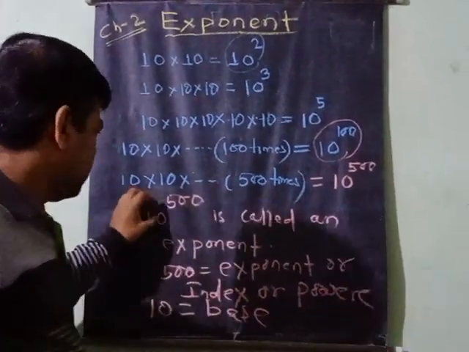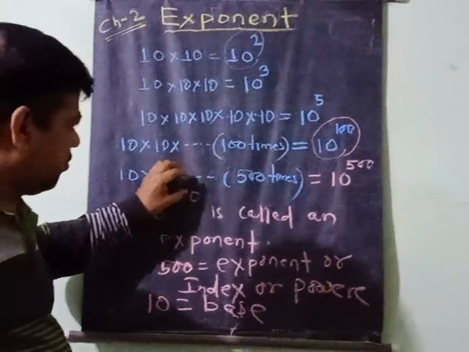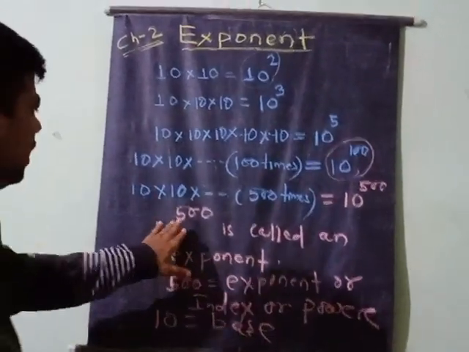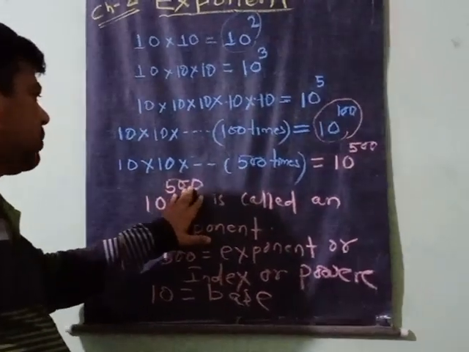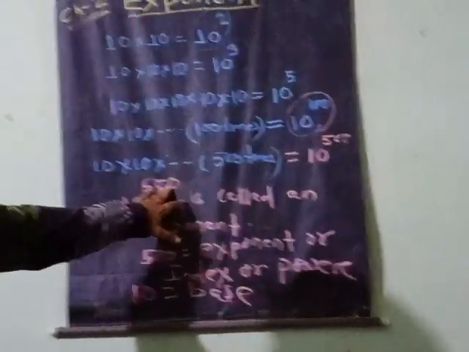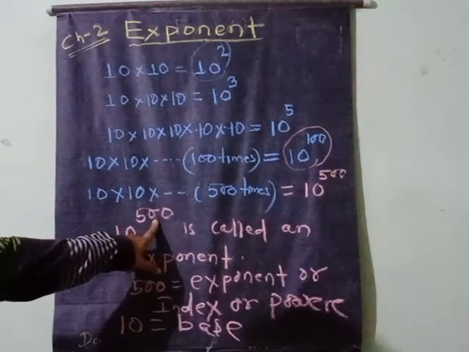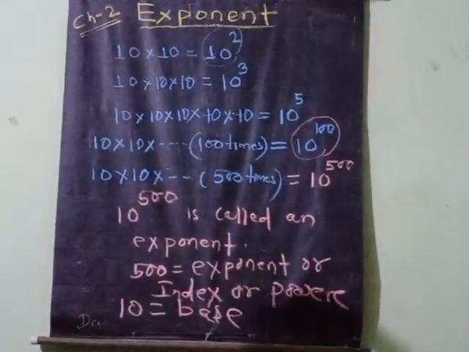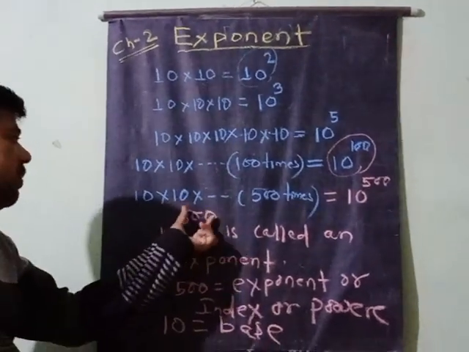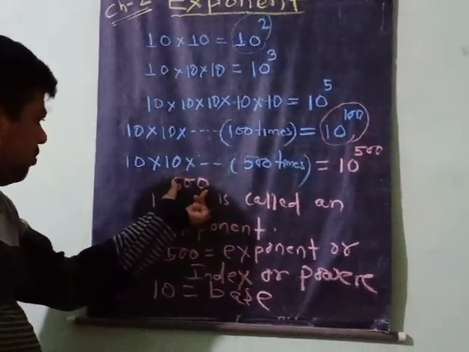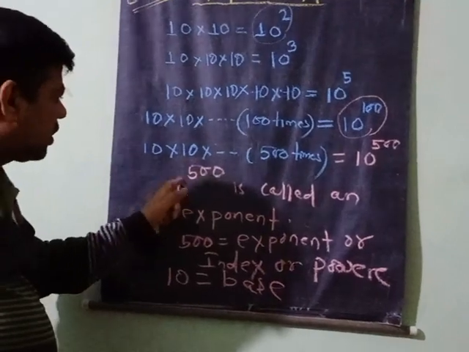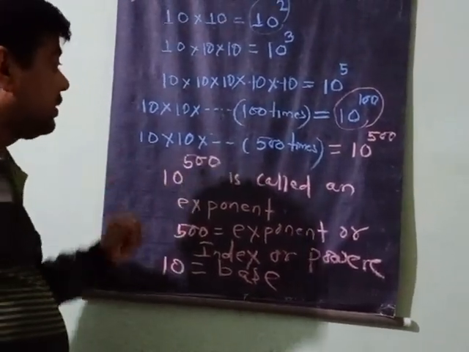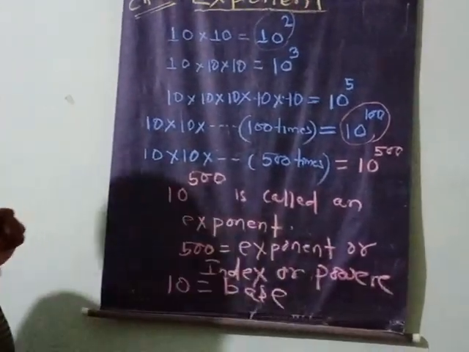What does 500 mean? Out of these two numbers, 500 tells how many times the other number, 10, undergoes multiplication. How many times? 500 times.